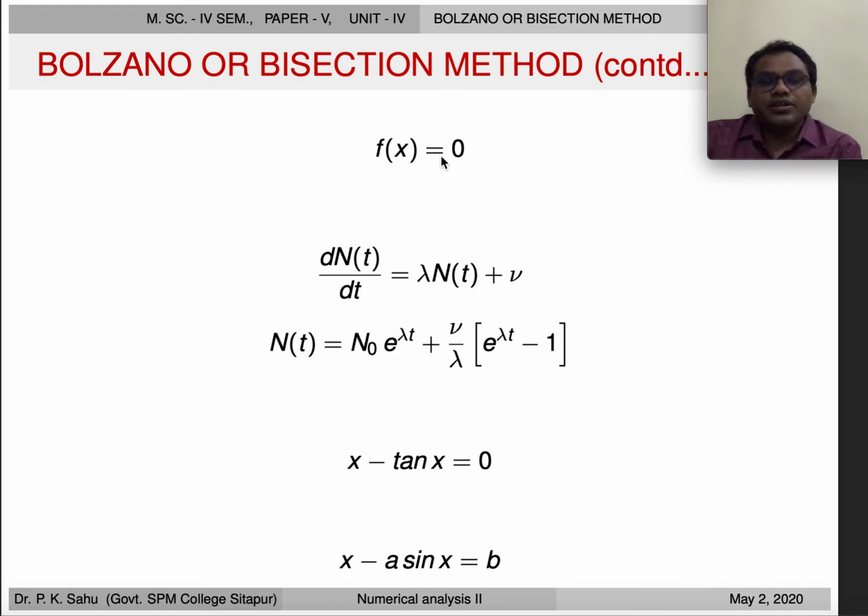Why do we need these numerical techniques? When one is unable to determine an analytical solution or closed form solution of such an equation, we use numerical techniques to solve it, and here we find an approximate solution, means f(x) is approximately equal to 0.